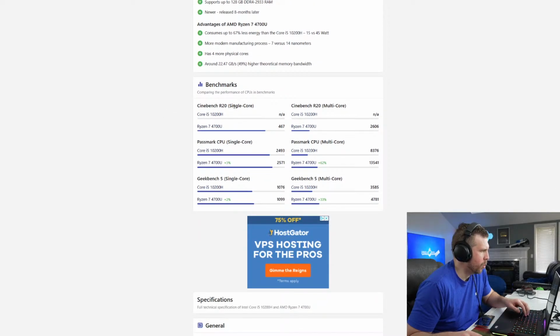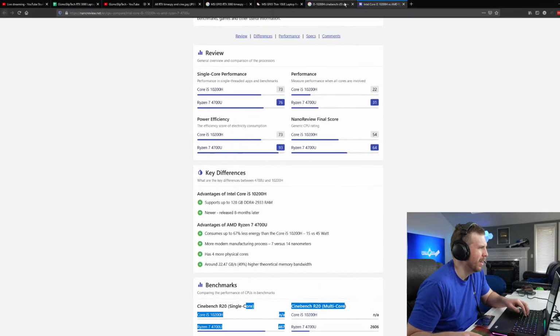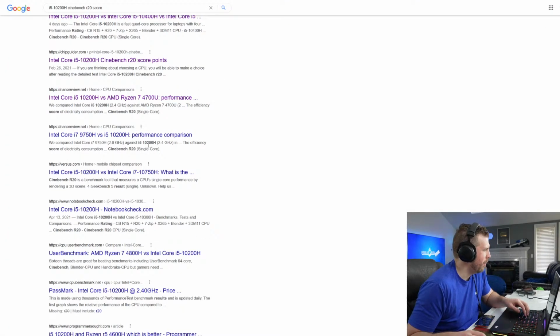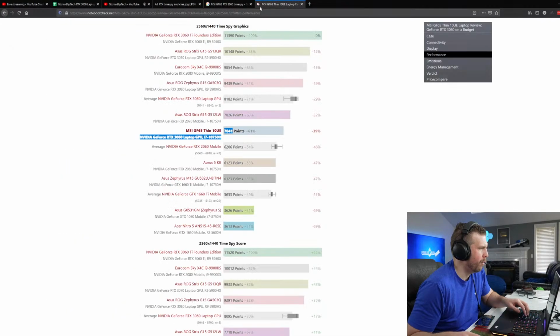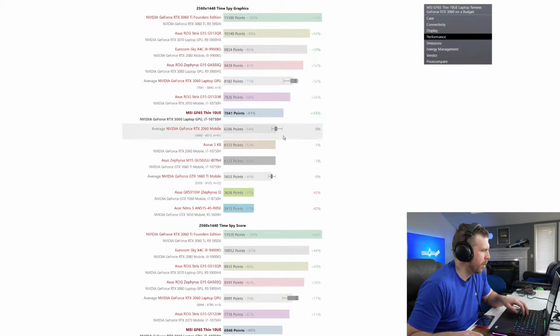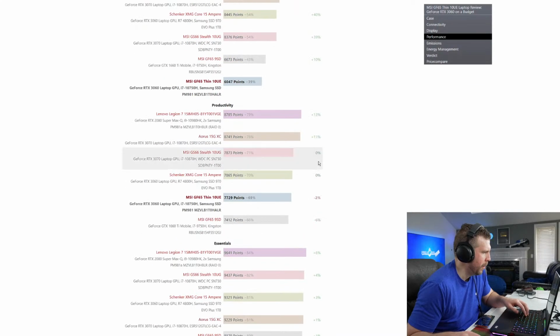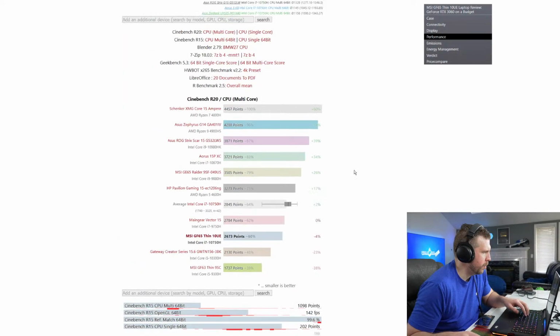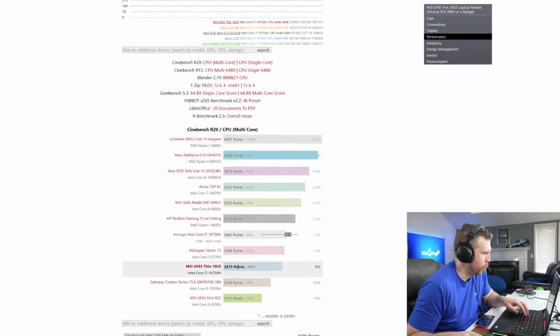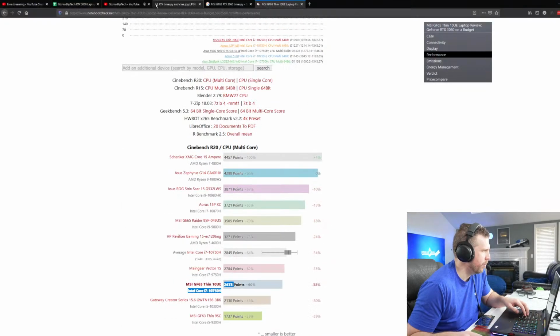Okay, Cinebench R20. We don't have the Cinebench R20 score on this. Can't seem to find a good i5 10200H score. Plus, it does vary from laptop to laptop, and it's a shame we don't have it on this one. But I believe there are some of the GF65 and 75 thin with that processor. So 2675.